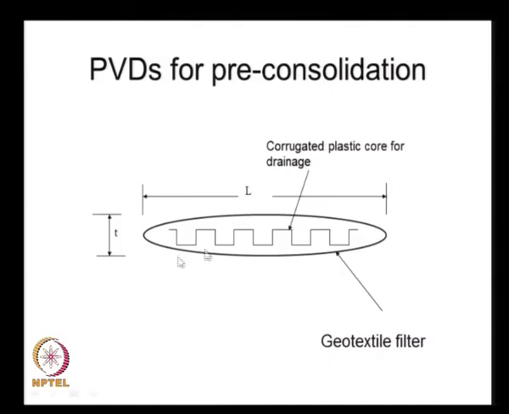Here we have the different types of drainage cores. The one simple thing is a corrugated plastic sheet, and we can have a woven or a non-woven geotextile cover that acts like a filter, and the purpose of the filter is only to filter out the fine soil particles from escaping from the foundation soil.